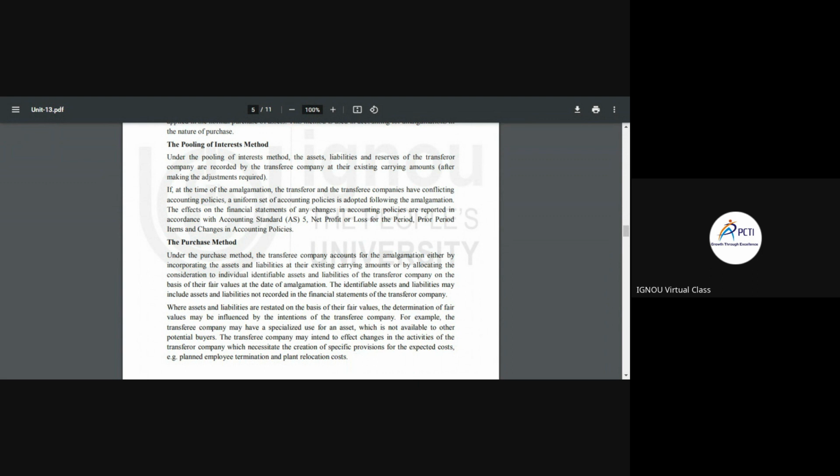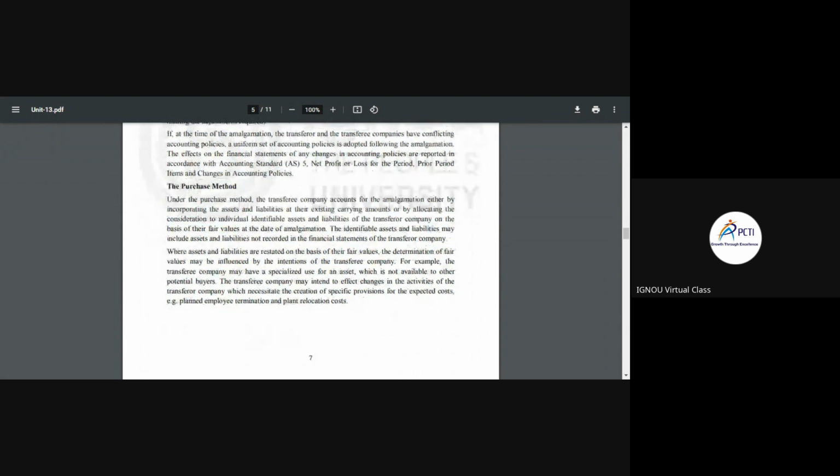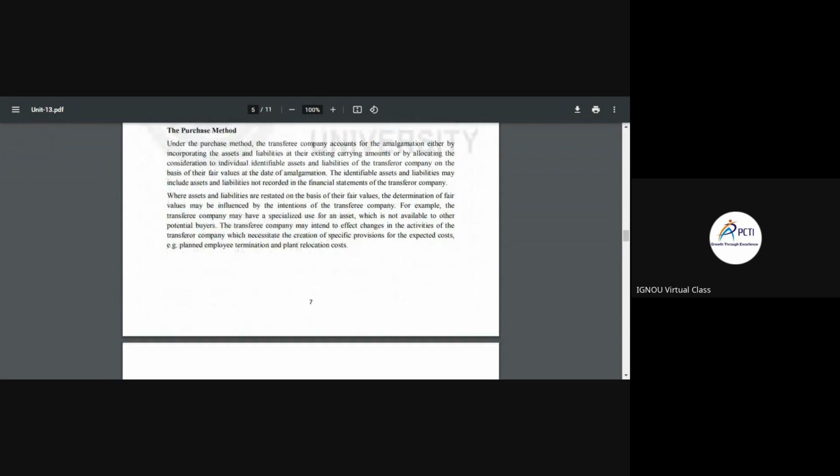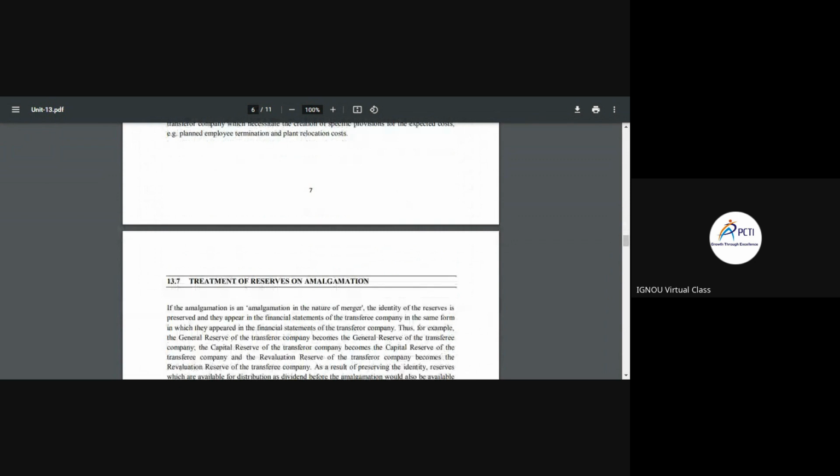Identifiable assets and liabilities may include assets and liabilities which are not recorded in the financial statements of the transferor company, like planned employee termination and planned reallocation cost.